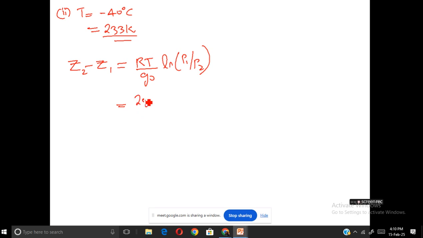And here the difference will be in temperature, which is 233 by 9.8 into log 1000 by 500, which will be, how much will it be?